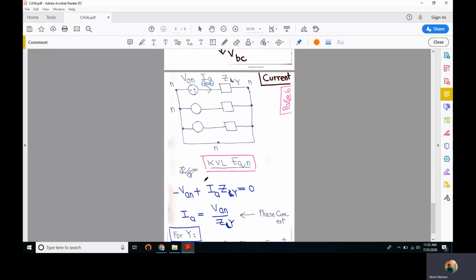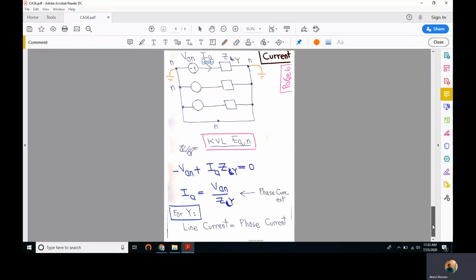So applying KVL, minus VAN plus IA ZY is equal to 0, because we have neutral here, this means ground here, ground here. We don't have to write anything else because we have reached ground once again. So IA is VAN over ZY. This is called phase current. What is the line current?